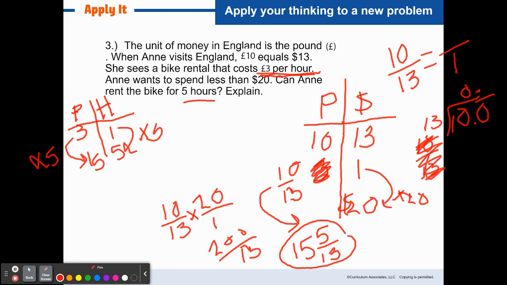Well, if she has $20, $20 will get her a little more than 15 pounds. So yes, she can spend less than $20 to bike. Not much, but yeah, a little bit.